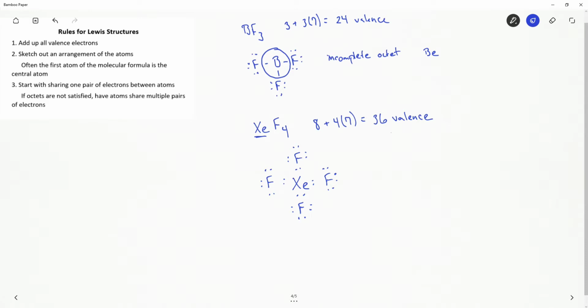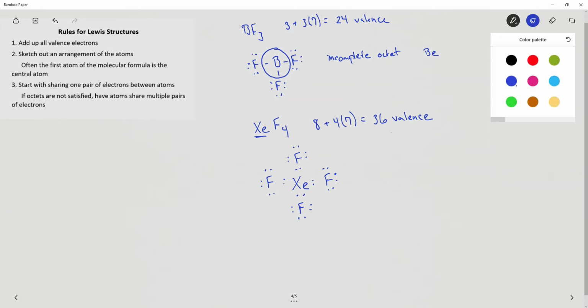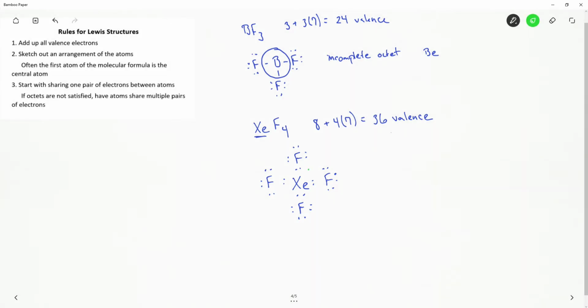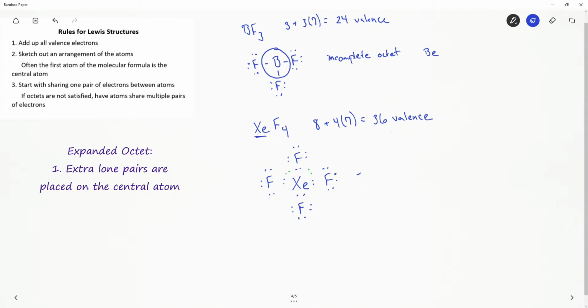What do I do with those leftover valence electrons? Well, what you do with them is you put them on the central atom. So they are going to go on xenon right there. So xenon has 4 bonds and 2 lone pairs. This is called an expanded octet.